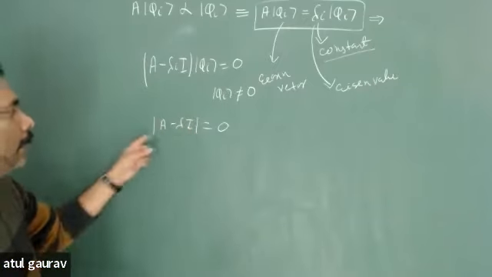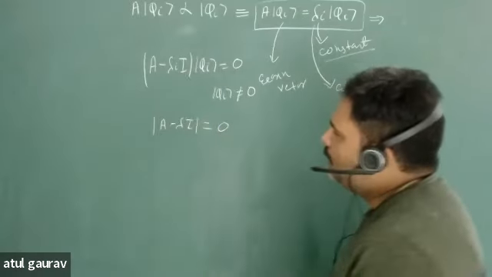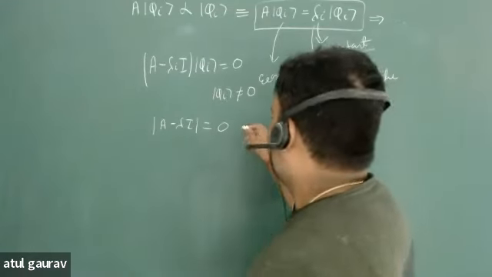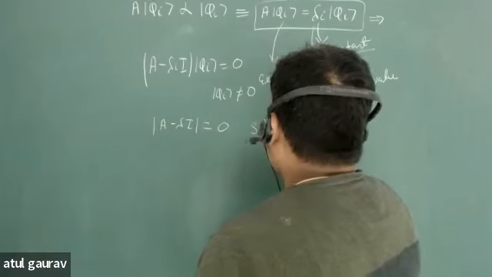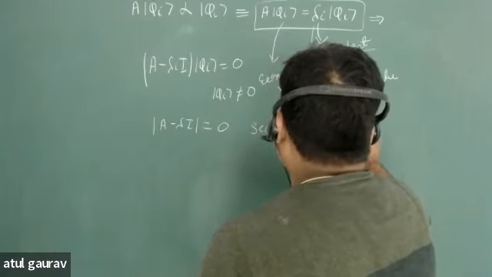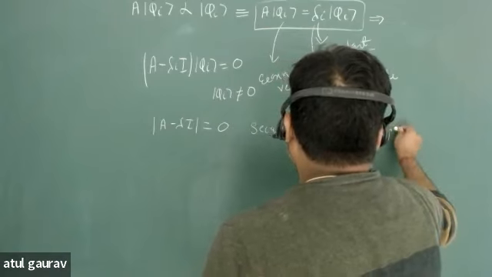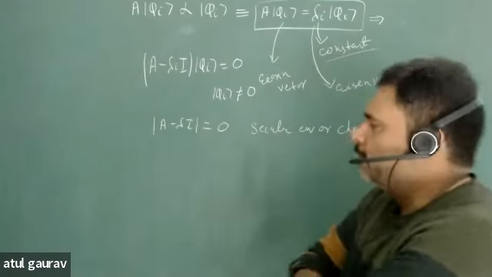Then we have A minus lambda I must be equal to 0, and this is the determinant of A minus lambda I must be equal to 0, which is very popularly known as the characteristic equation or secular equation. So this is your secular equation or characteristic equation.